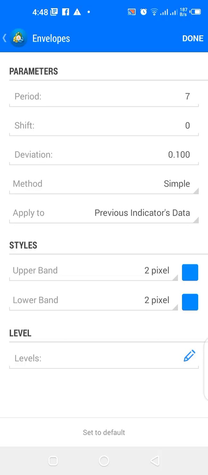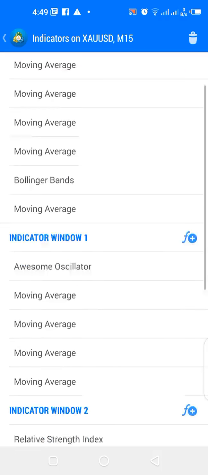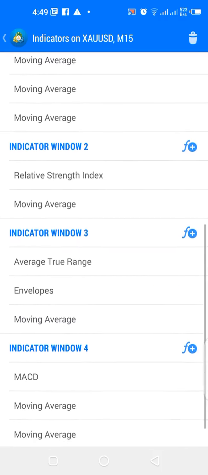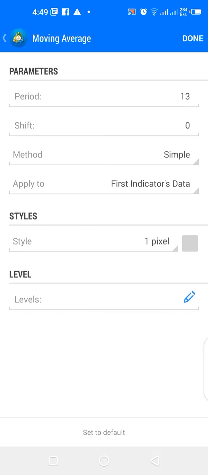The method is simple. Apply to previous indicator's data. The upper band style color is blue and the lower band style color is blue. That's for the envelopes. Now for the moving average, we have 13 period. Method is simple. First indicator's data and the color is gray.